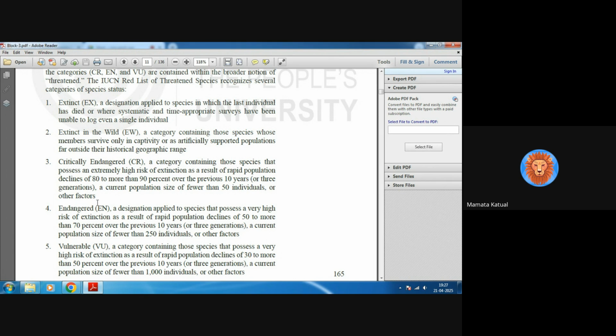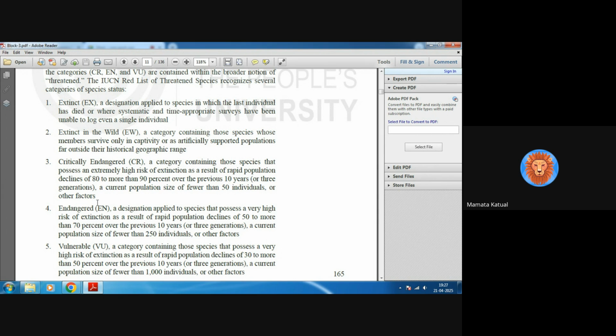It may be 3 years, it may be the previous 10 years, or if the lifespan of the organism is very less, that means if the lifespan is only 3 years or 5 years, then we have to consider the generation. So we have to consider 3 generations.